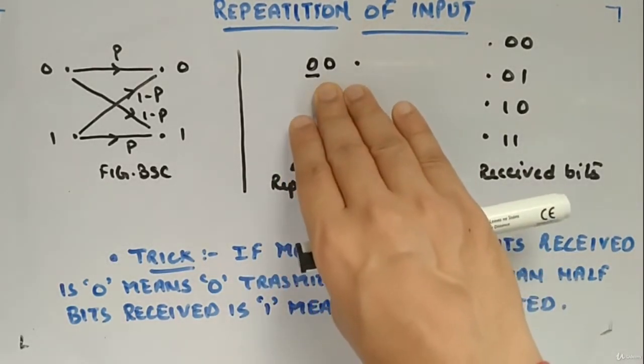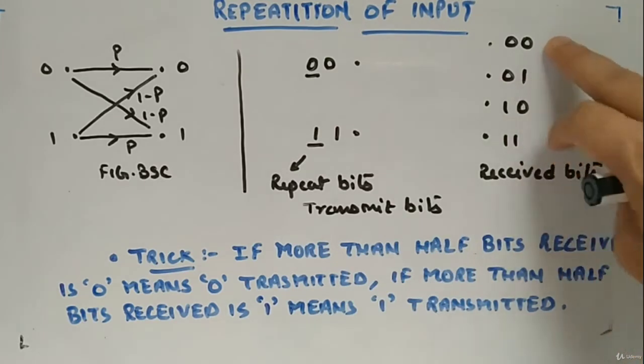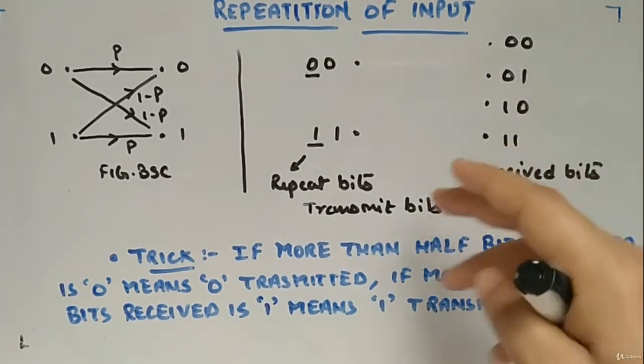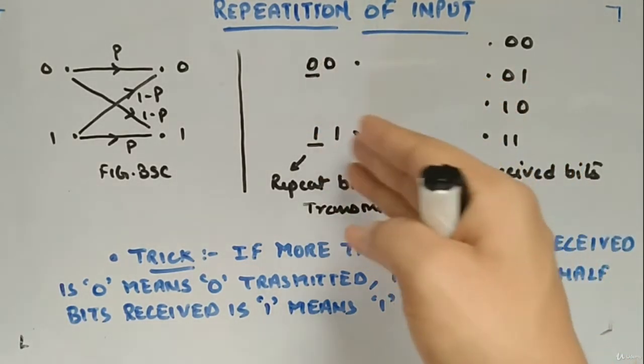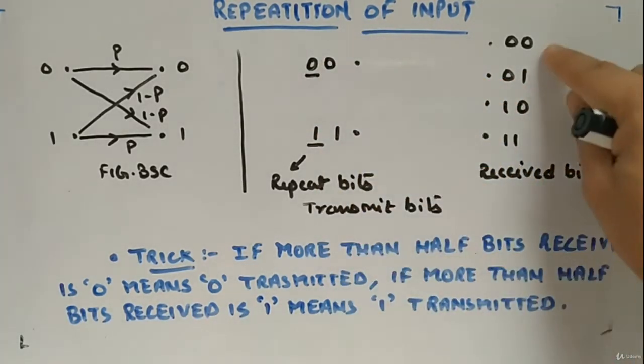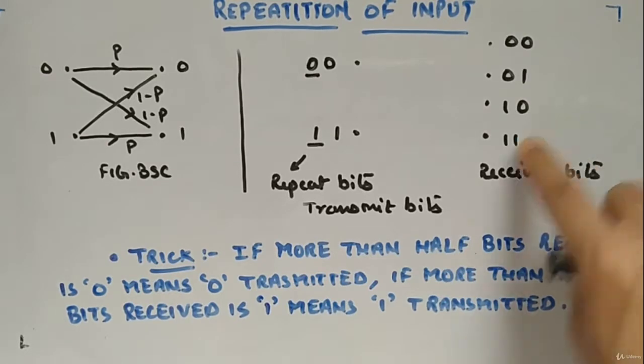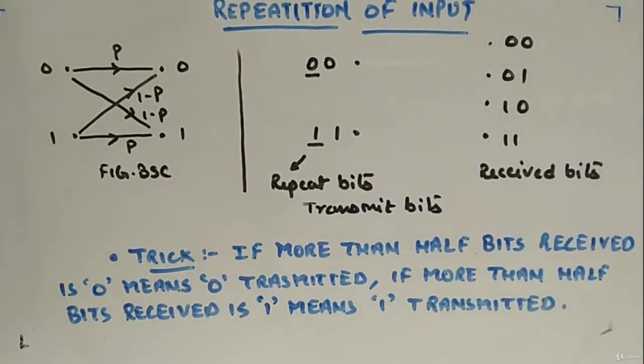It does not mean that if you send 0 0 you can receive only 0 0 or 1 1. Because of the noise, any one of the bits can flip, and hence you have all the 4 combinations from 2 bits. This is the scenario we have to study.